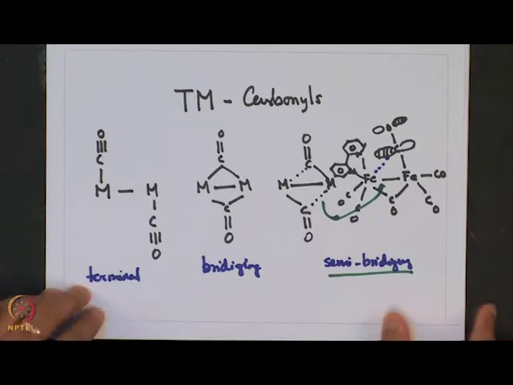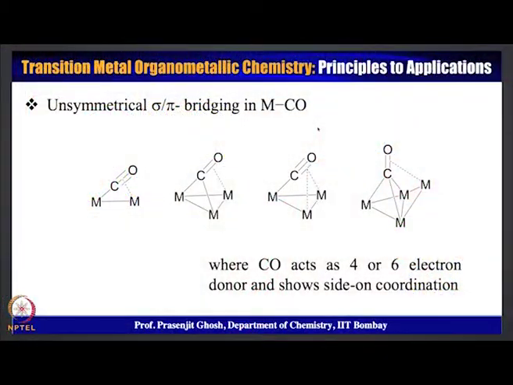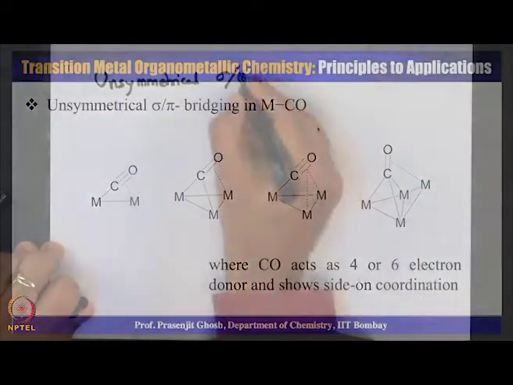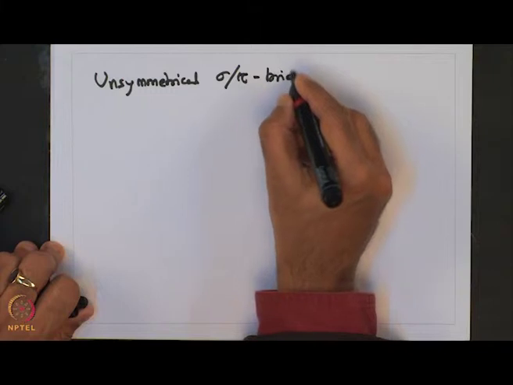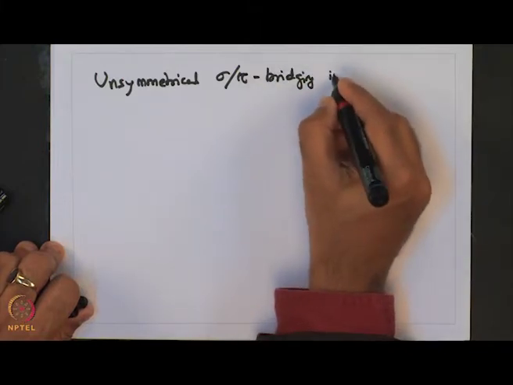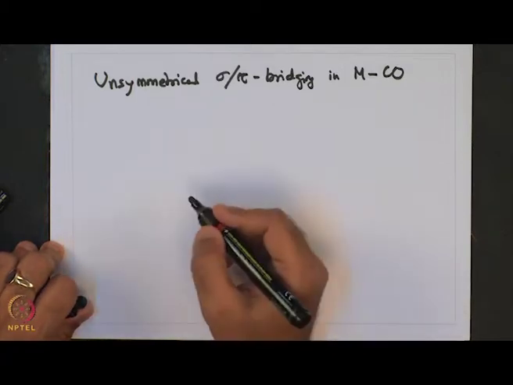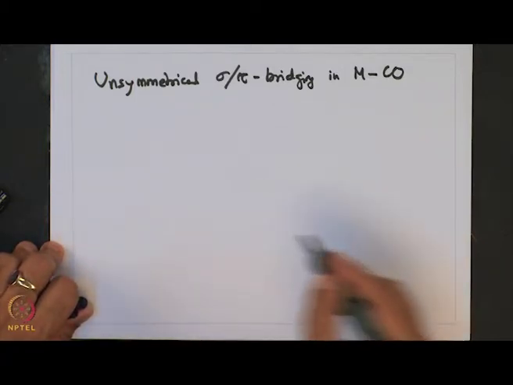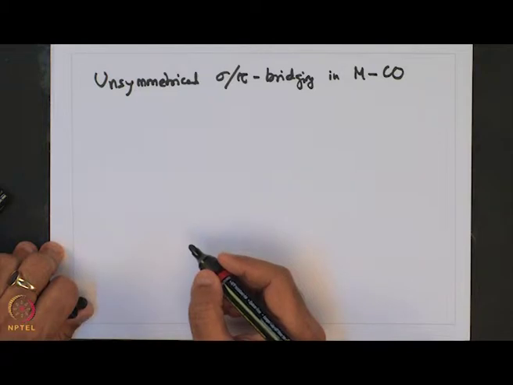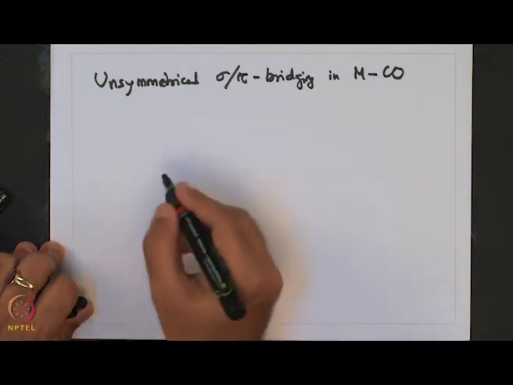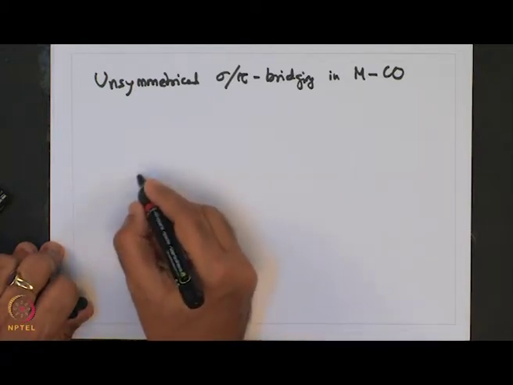Now, continuing further on this discussion, we are going to look at various kinds of unsymmetrical sigma pi bridging in metal carbonyls. One can see that apart from the semi bridging which we had just discussed, there can be unsymmetrical sigma pi kind of bridging, which is shown over here.